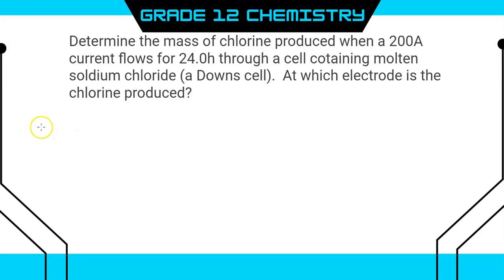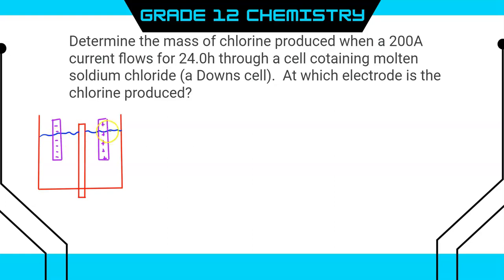So let me just quickly draw what this cell looks like. All right, so here you have your anode and your cathode, and typically electrons will go from your anode to your cathode. But if we had a power supply like we have here, a 200 amp power supply, with that power supply, we can get the electrons to flow in the other direction.